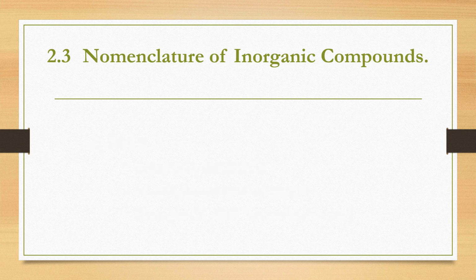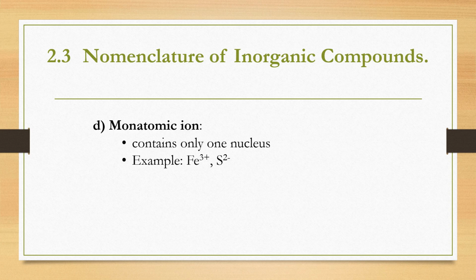Have you ever heard about monatomic ion? A monatomic ion contains only one nucleus. An example is Fe3+. Another example of a monatomic ion is S2-.